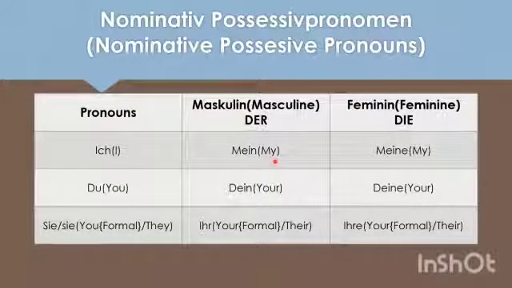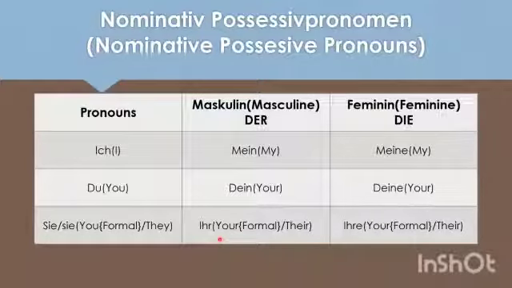And the feminine possessive pronoun for ich will be meine, that means my. Du, which means you. The masculine nominative possessive pronoun for du is dein, which means your. The feminine nominative possessive pronoun for du is deine, that means your.